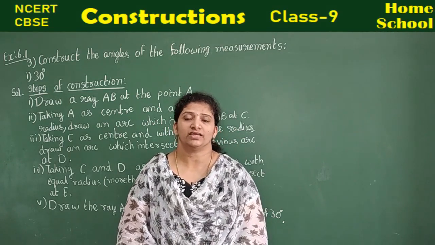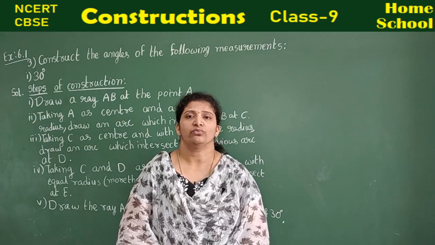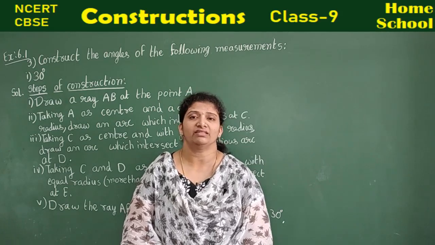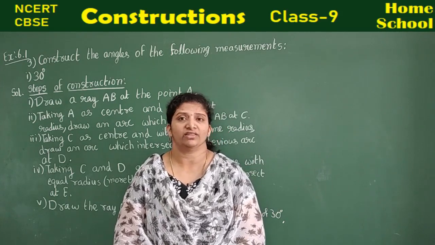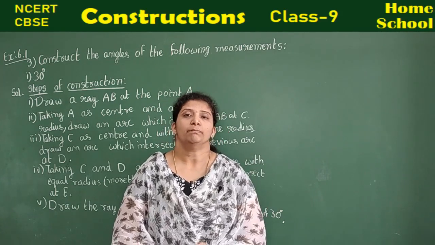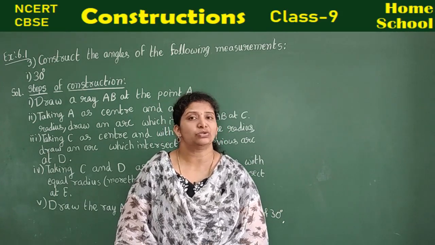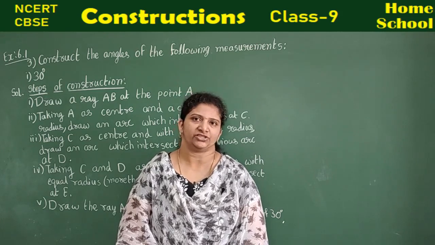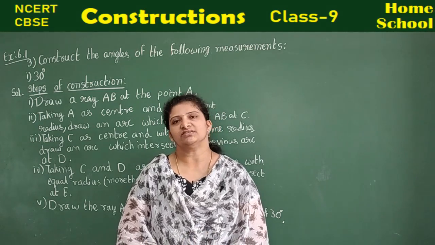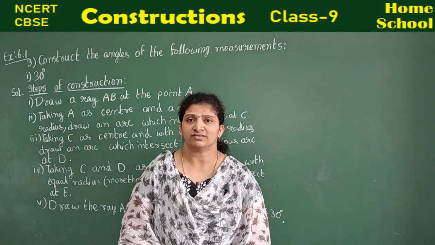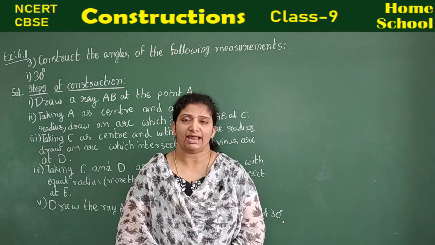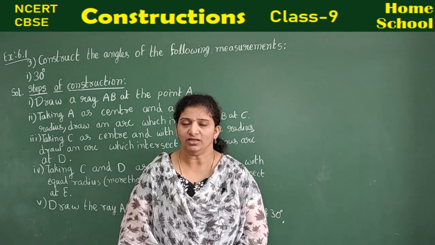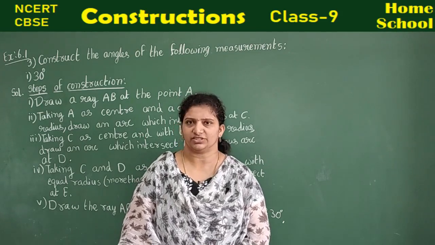As we have seen in our before session, we have done a construction of making 90 degree angle and also 45 degree angle. We have given the justification for it. But this time there is no need of any justification. Only construction is needed. When we are doing construction, we need a rough figure first and then the original construction, then steps of construction.